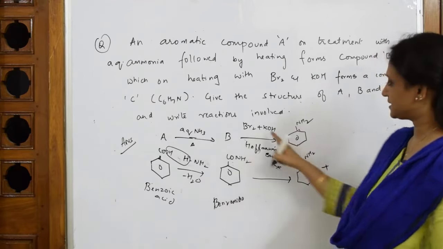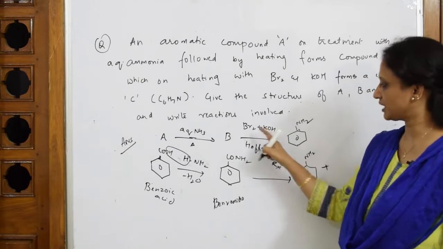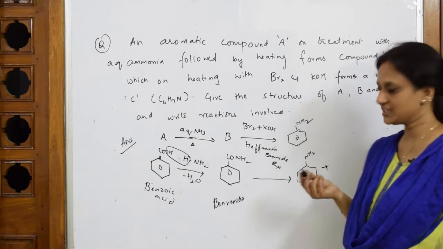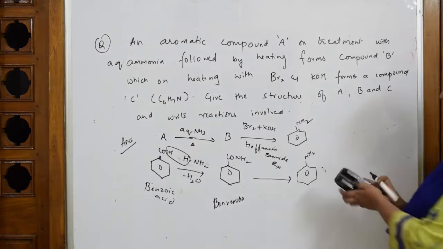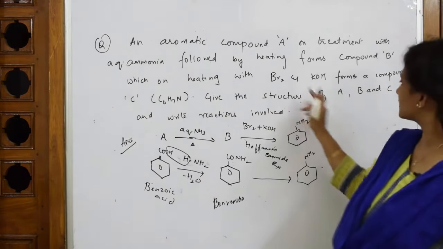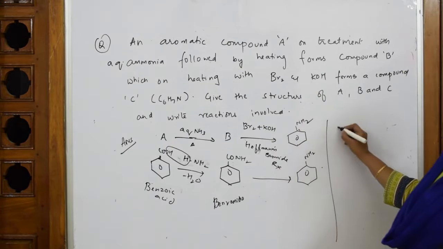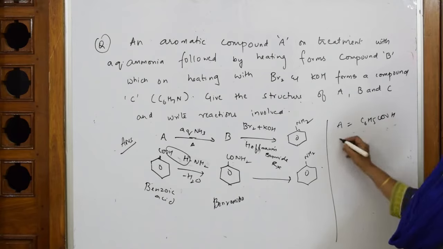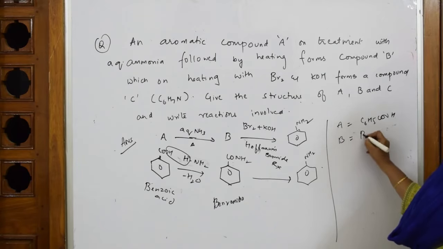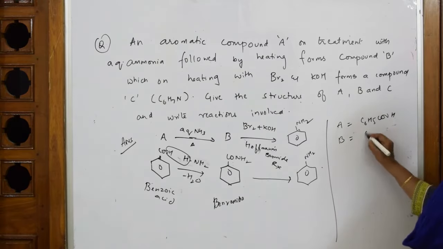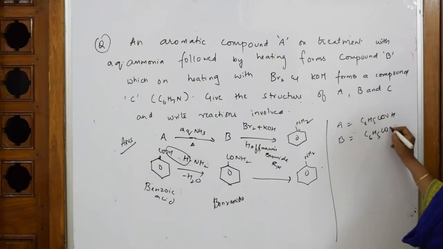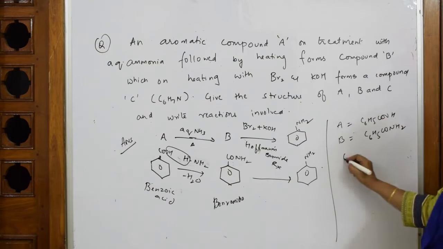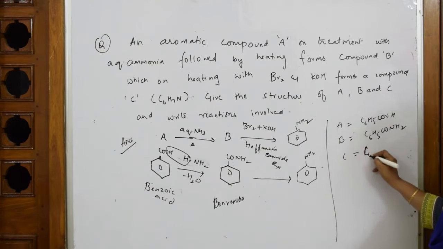Apart from that, we get potassium carbonate and potassium bromide, which we've already studied. They asked me to find A. So what did I get? A is benzoic acid, B is benzamide, C is aniline.